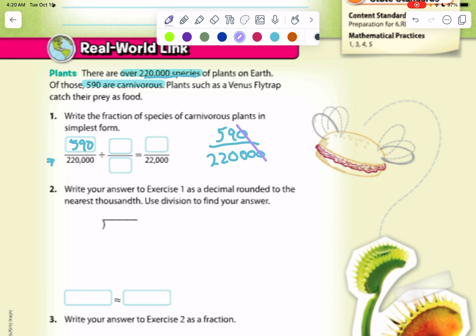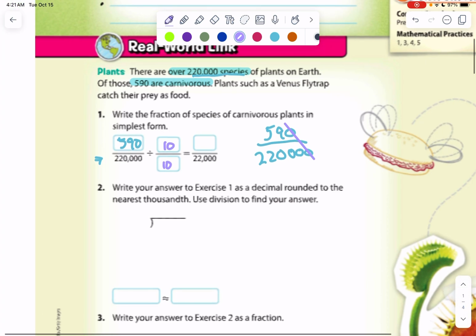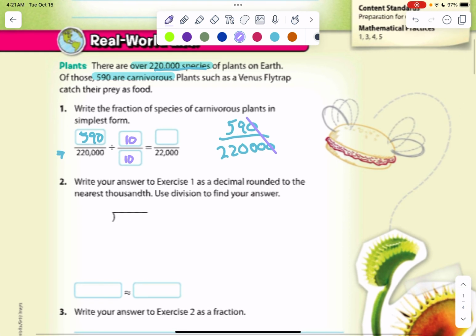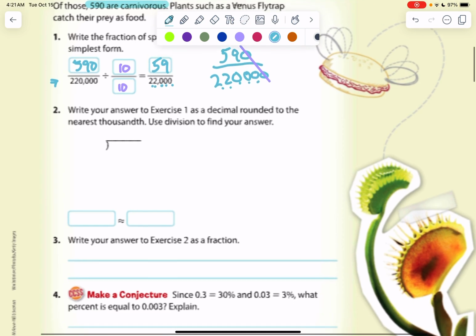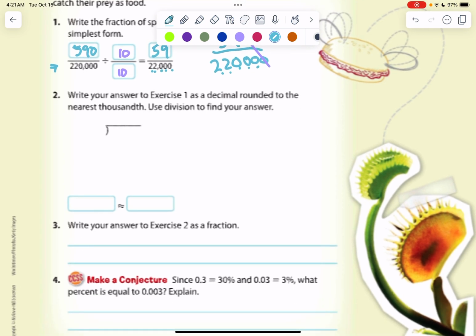But just so you know what that means, it basically means we divide by 10, in this case. Which cancels. 590 divided by 10 is 59. And 220,000 divided by 10 is 22,000.